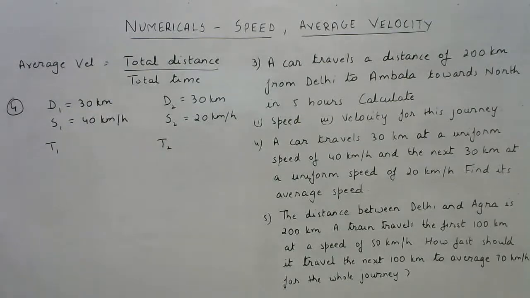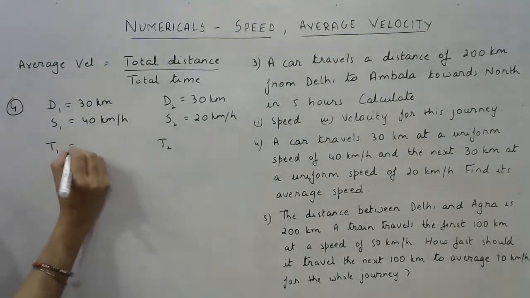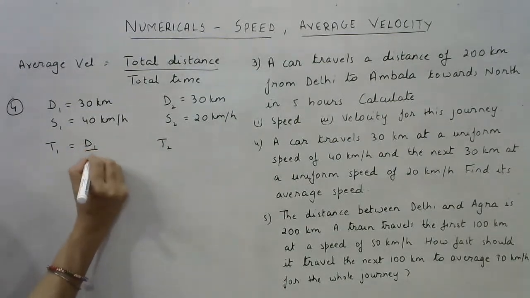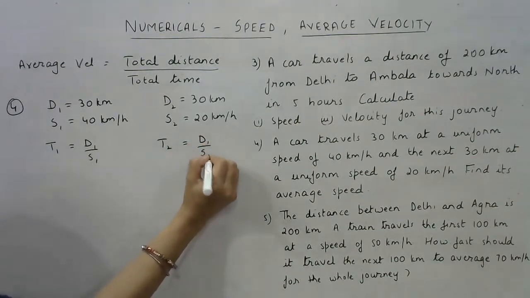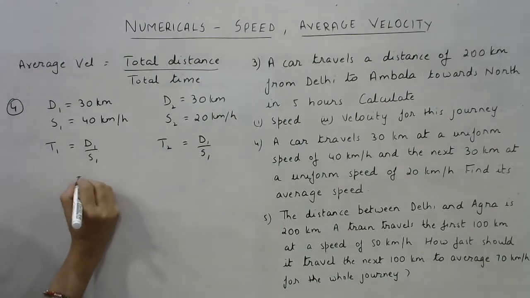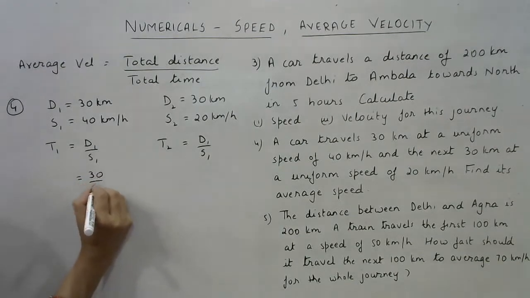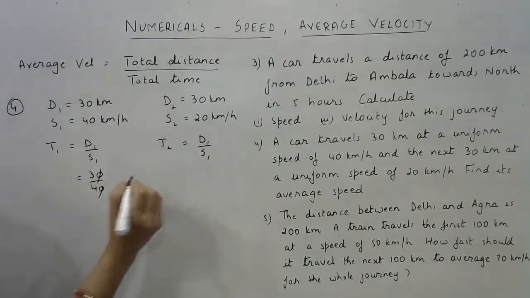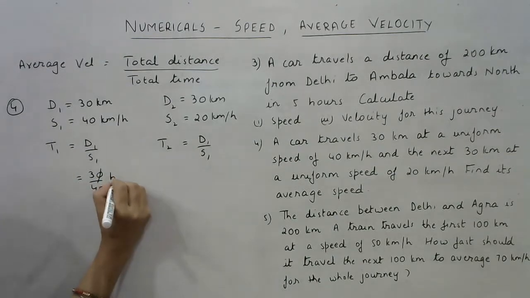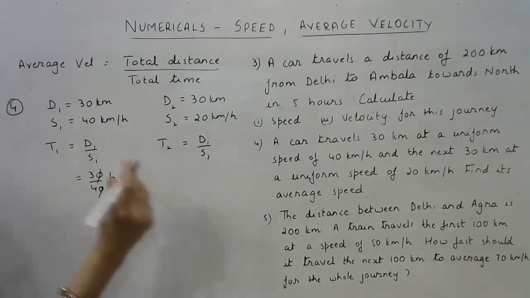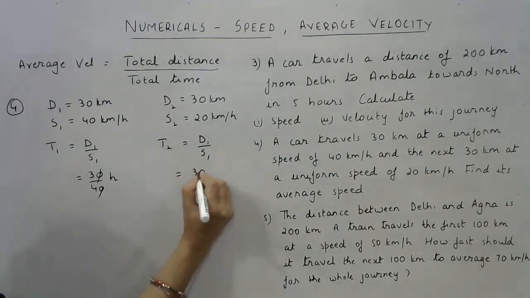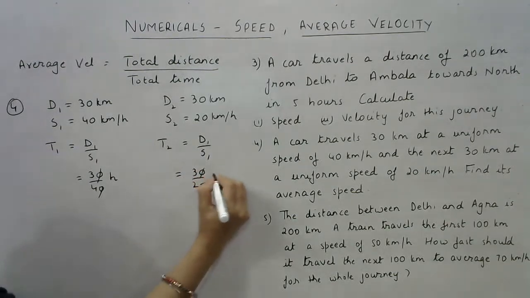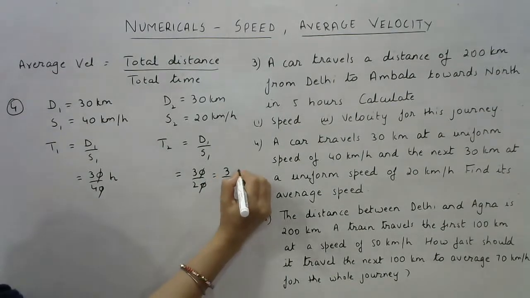Speed is equal to distance upon time. So what does time equal to? Time is distance upon speed, right? It is the same formula. On simplification, we get 30 upon 40, that is 3 by 4, and this will be in hours because the unit here is hours. Similarly, we can calculate time 2 over here. It will be 30 upon 20, that is 3 upon 2 hours.